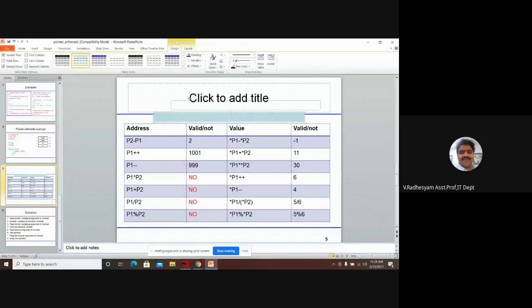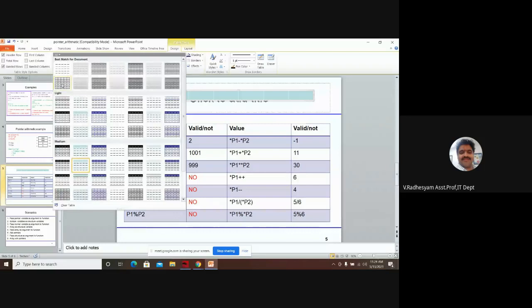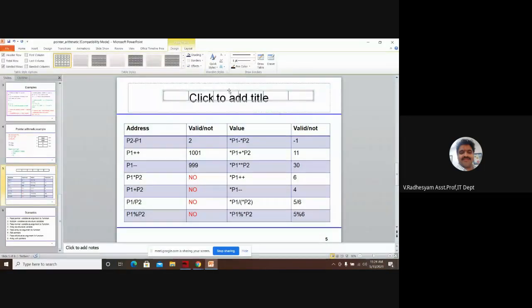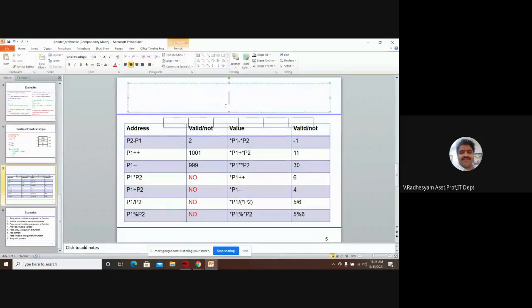Suppose you consider a table like this. Imagine a table like this.